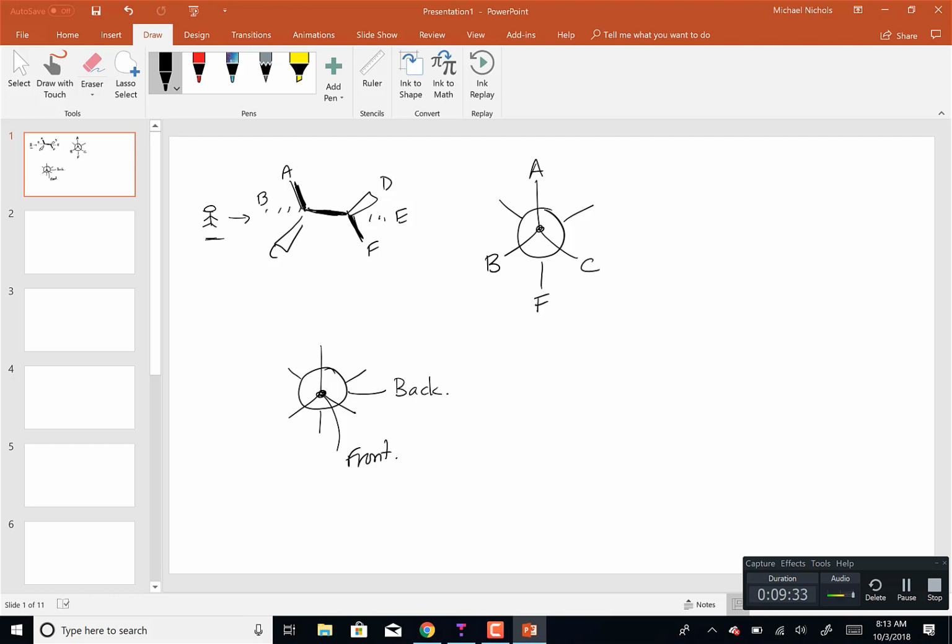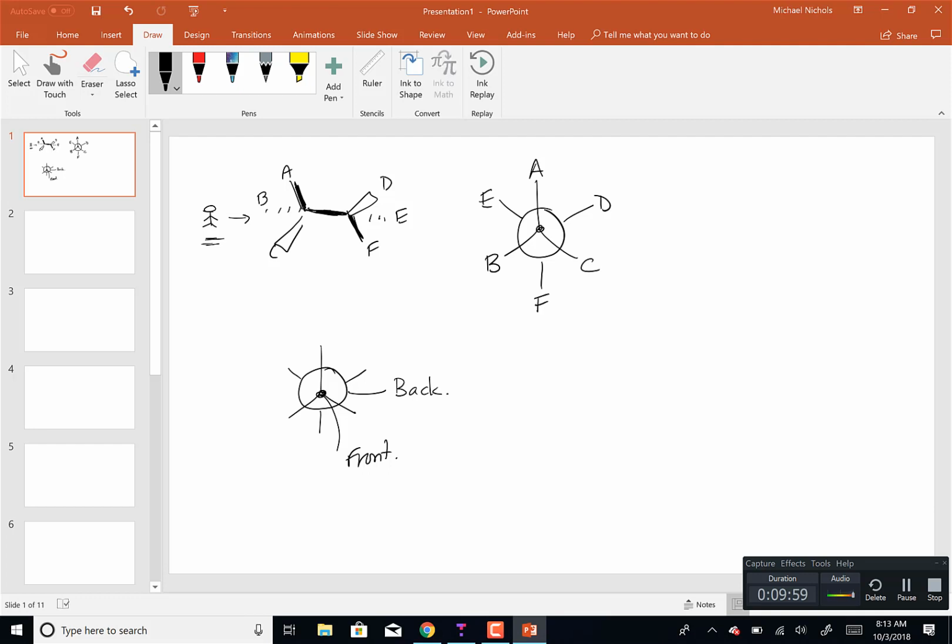So there's a number of ways to think about this. You could think about, hey, I'm over here looking there, so D is going to be on my right, so that's where D is going to be, and then E is going to be behind, which is to the left. And so there is the Newman projection looking from the left down the carbon-carbon bond of this.